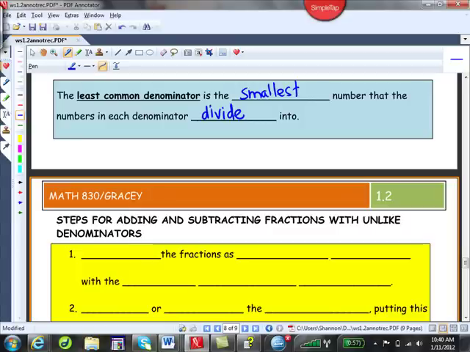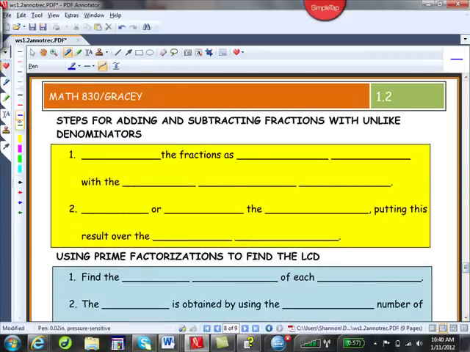So here are some steps for adding and subtracting fractions with unlike denominators. Rewrite the fractions as equivalent fractions with the least common denominator.